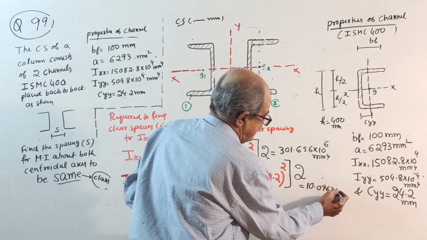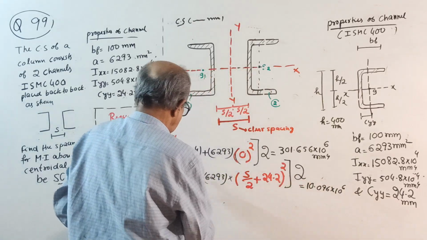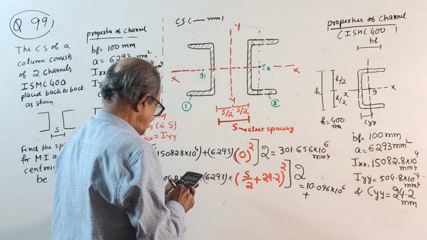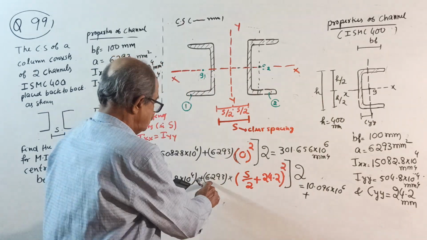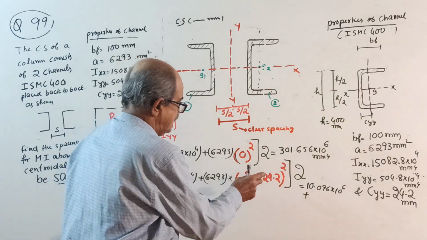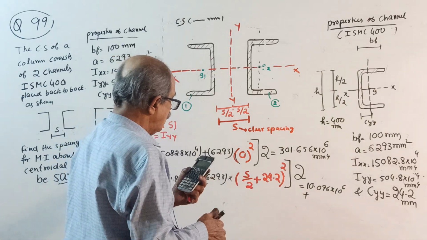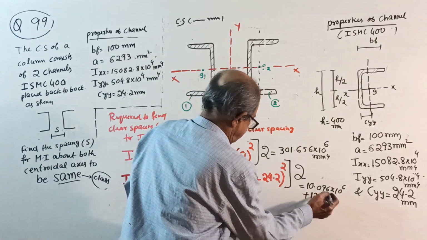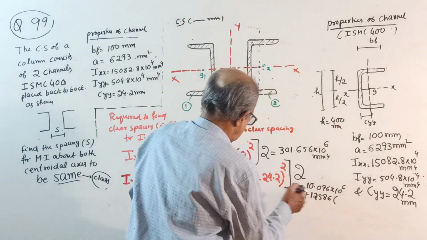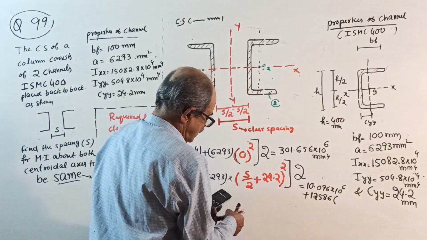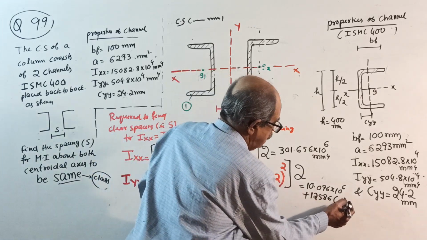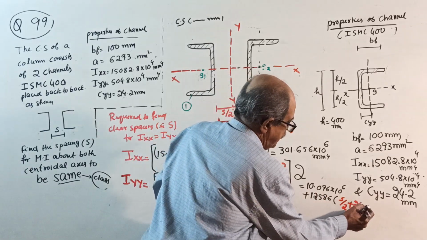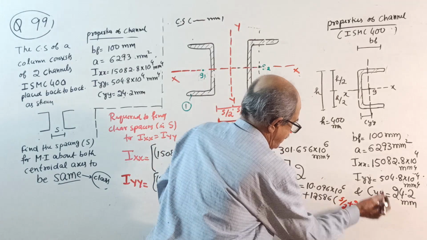Plus 6293 into 2 is 12586, times S by 2 plus 24.2, whole squared, is the answer.